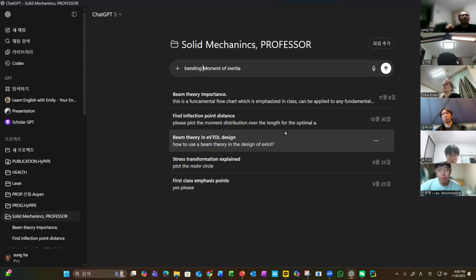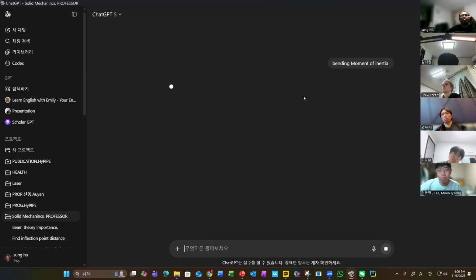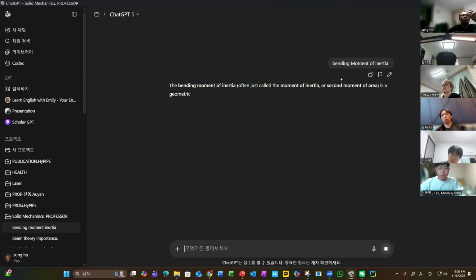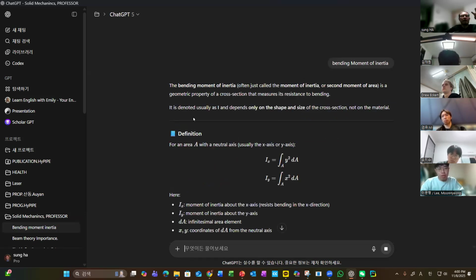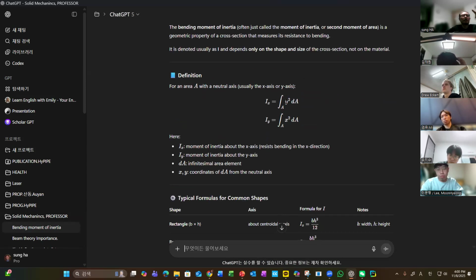Sometimes we call it the bending moment of inertia, often just the moment of inertia or second moment of inertia. Let's see what it says: the bending moment of inertia, often just called the moment of inertia or second moment of inertia.